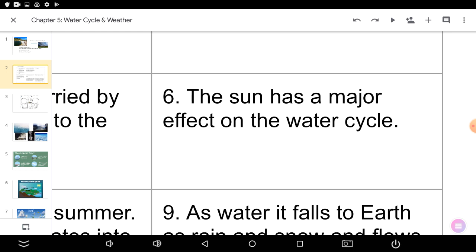Number 7. Read and complete the captions in the diagram above. Circle the part of the diagram that shows water vapor turning into a liquid. So, where in the picture do we see water vapor turning into liquid water?